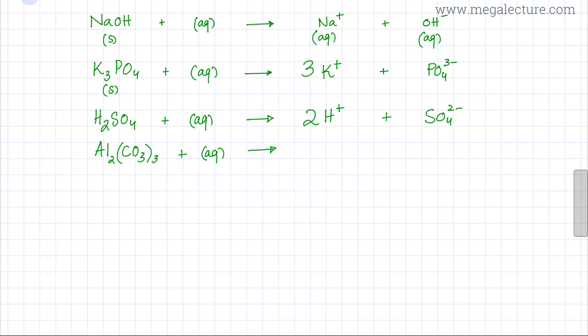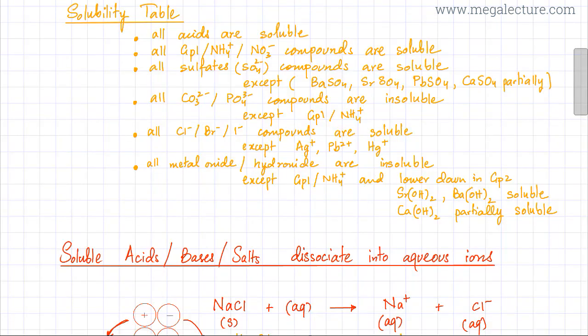You can refer to the solubility table. So I've opened the solubility table over here, and you can see carbonates. All carbonate compounds are insoluble except group 1 and NH4 plus 1, but aluminium is in group 3, so the first statement applies that all carbonate compounds are going to be insoluble. So aluminium carbonate is not soluble.